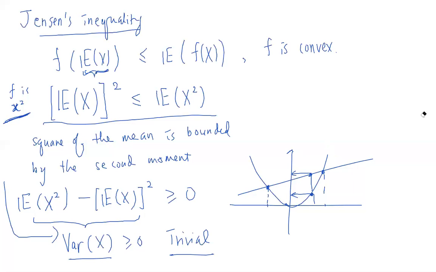If it's x squared plus 1, it will still be convex. You will also get some inequality. So then you will get this result. X squared plus 1, is it? Yep.